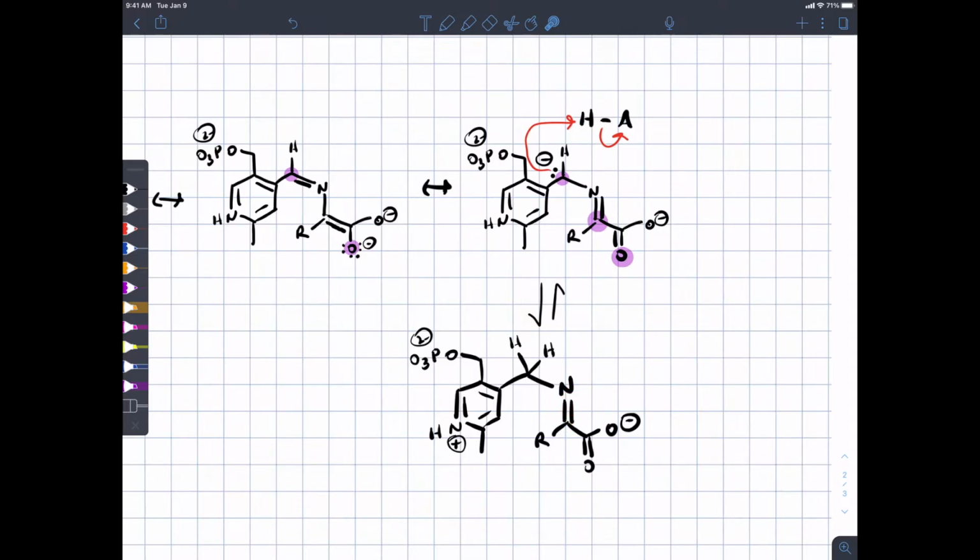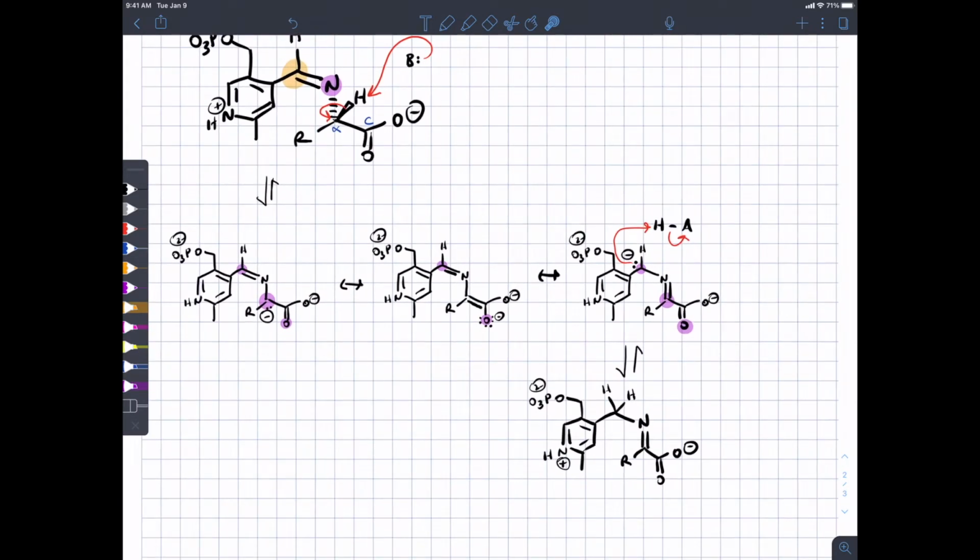This carbon was the imine carbon, and this was the sp3 hybridized carbon. Now, what used to be the imine carbon is sp3 hybridized. What used to be sp3 hybridized is the carbonyl carbon, or the imine carbon.